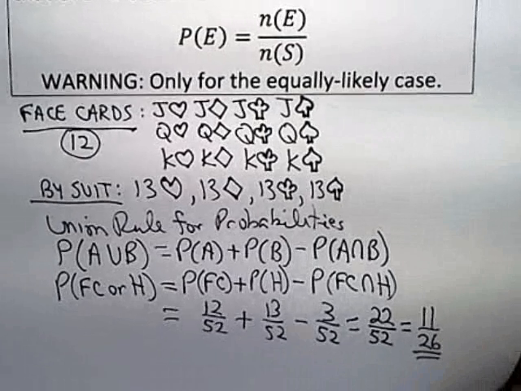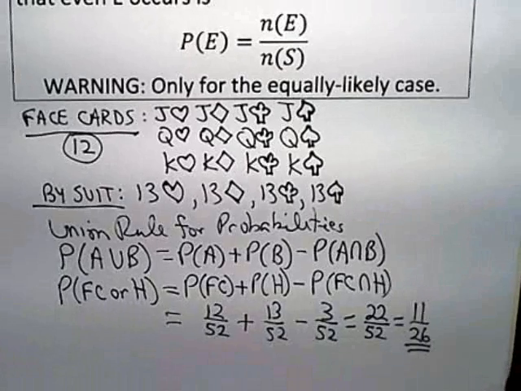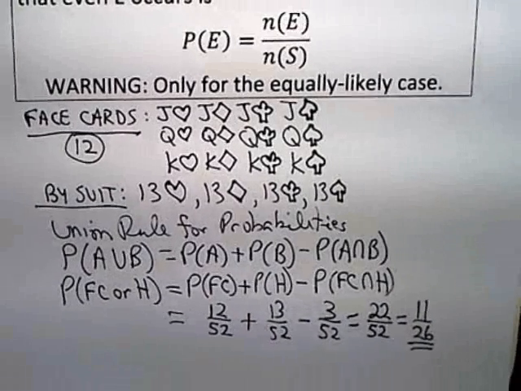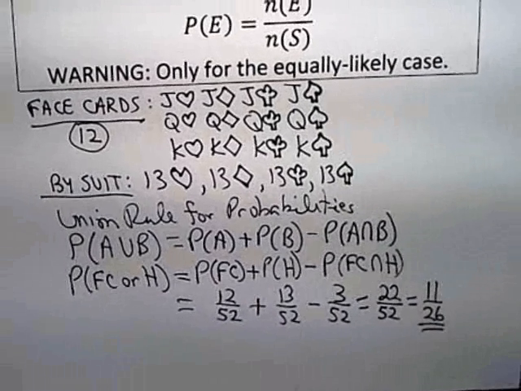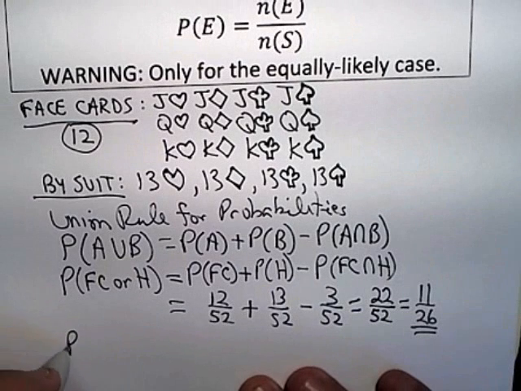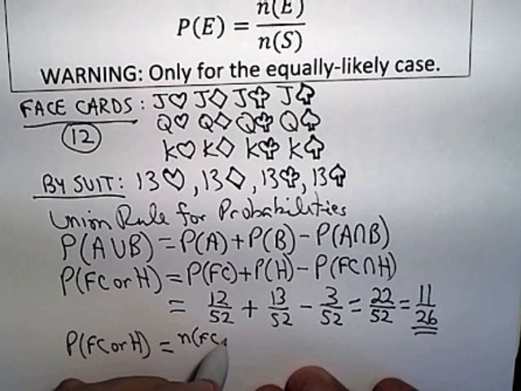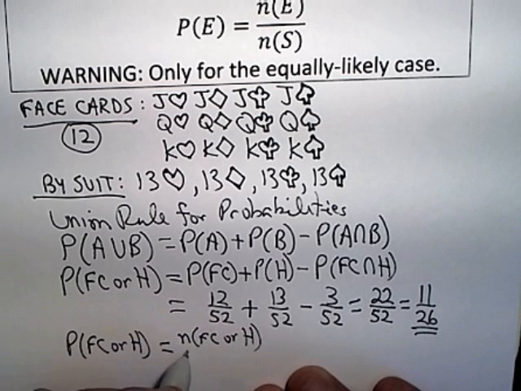Now we'll just say that you could do this without formally writing down the union rule for probabilities. You could just do your count by eliminating your duplicates before you do the basic probability principle directly. So I could also say, well, I know that the probability of a face card or a heart is just the number of face cards or hearts divided by the number of cards in the deck.